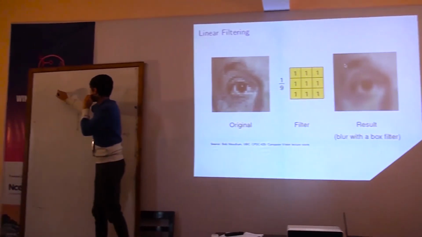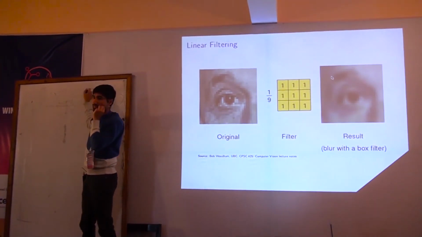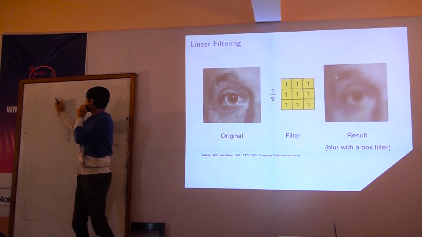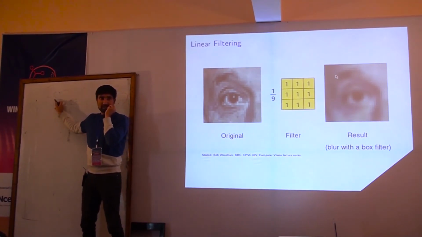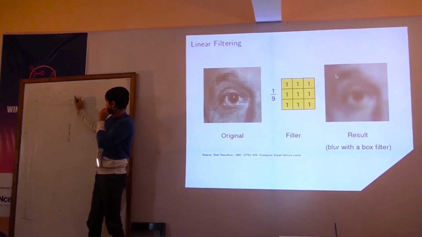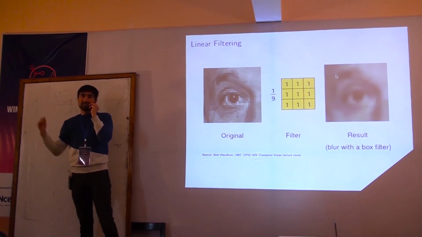Someone is tall, someone is small, and there is certain variation. If I start taking an average of every 5 persons, what will happen to the variation in the height?